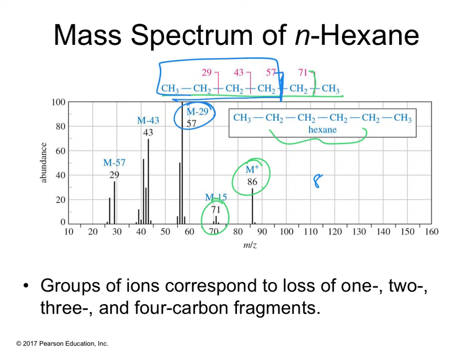What does that mean? That means 86 minus 29. If you lose a fragment, you have 86 minus 29, now you have 57. And if you split it right there, that would be mass minus 43.